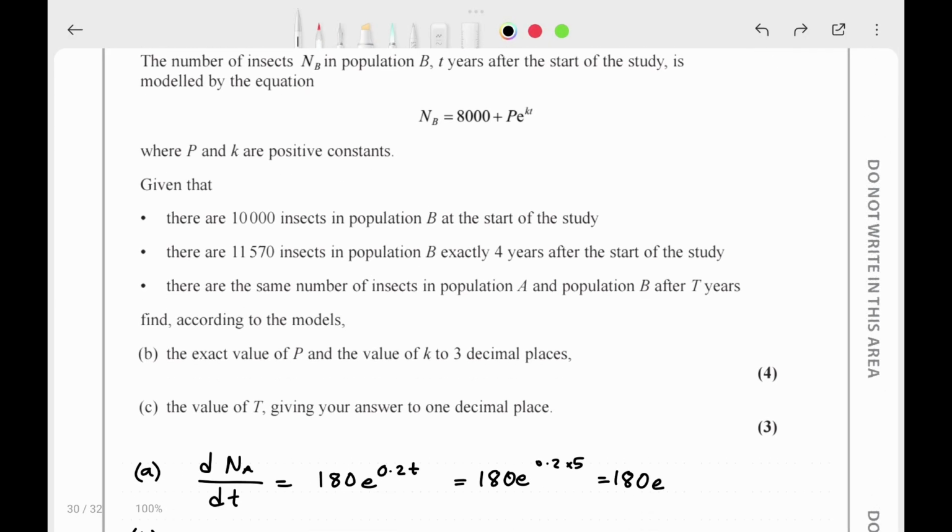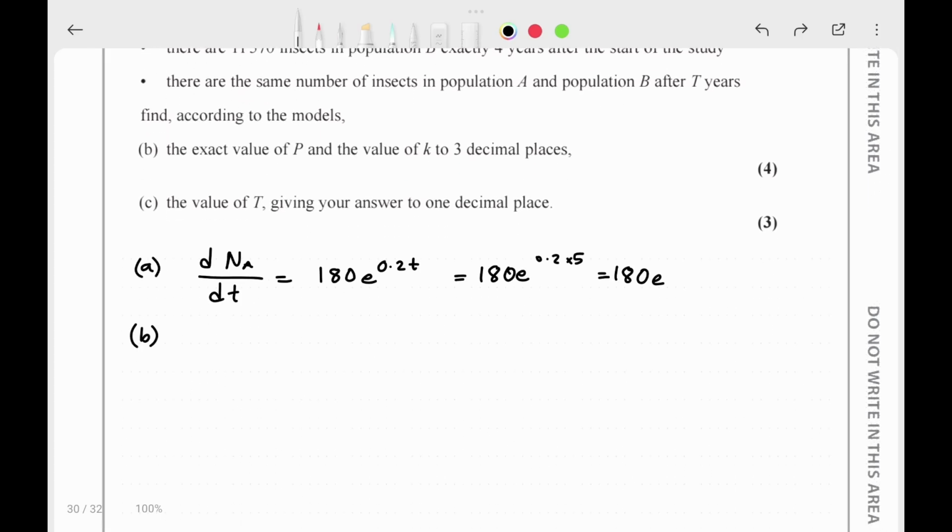Given that there are 10,000 insects in population B at the start of the study, there are 11,570 insects in population B exactly 4 years after the start of the study. There are the same number of insects in population A and population B after T years. Find, according to the models, the exact value of P and the value of K to 3 decimal places.